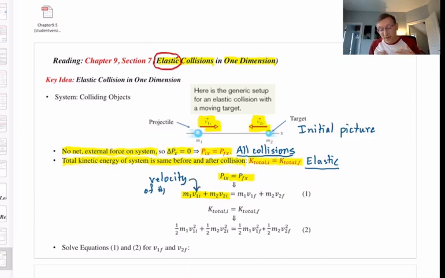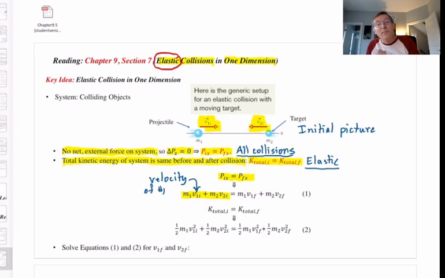And if that velocity is in the plus x direction, V1 initial is a positive number. If it happened to be in the negative x direction, then V1 initial would be a negative number. So M1 times V1 initial plus M2 times V2 initial. And of course, the V2 initial represents the velocity of particle 2 before the collision, with a plus sign if it's in the plus x direction, and a negative sign if it's in the negative x direction.